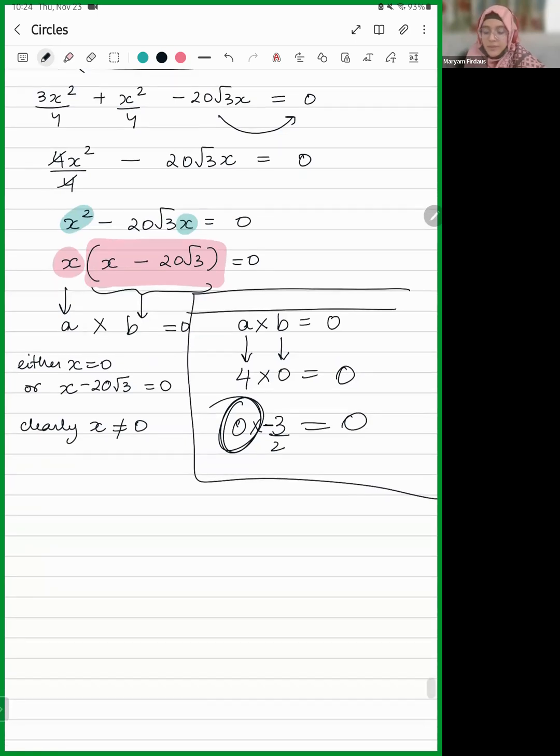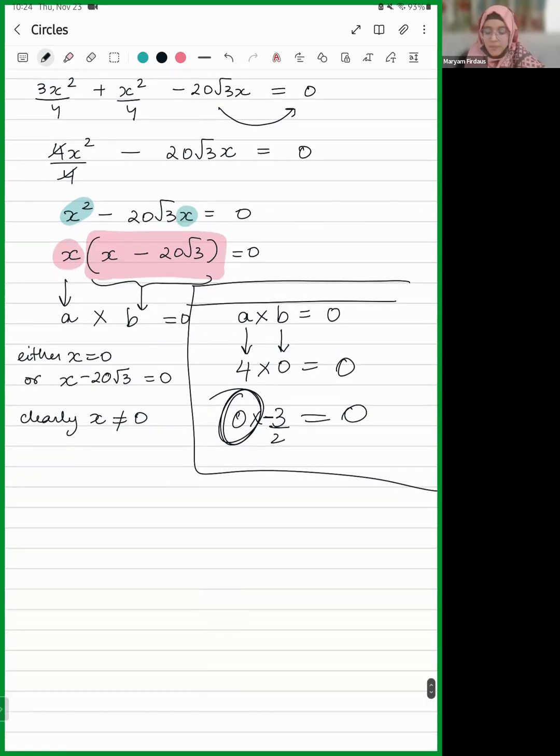That doesn't make sense. So clearly x is not 0. That means the other thing has to be 0, which means x minus 20 root 3 has to be 0. From here we can find x. x is equal to 20 root 3. This is what we had to find.